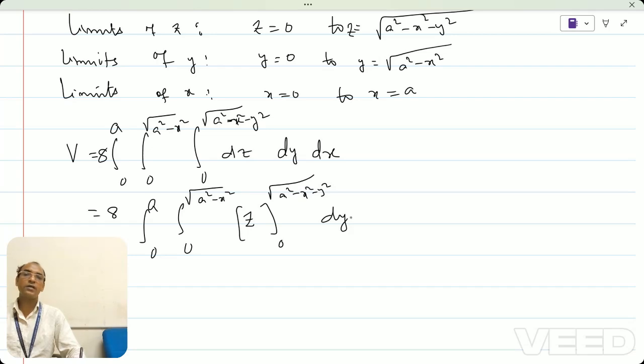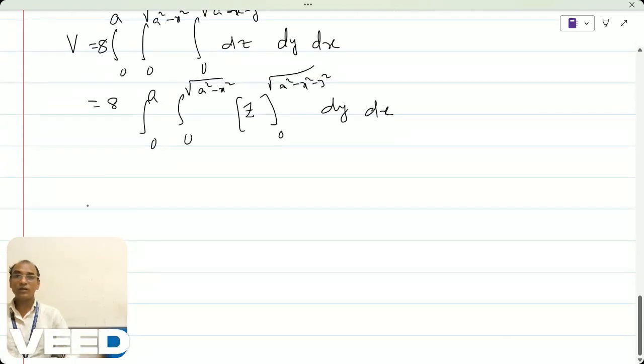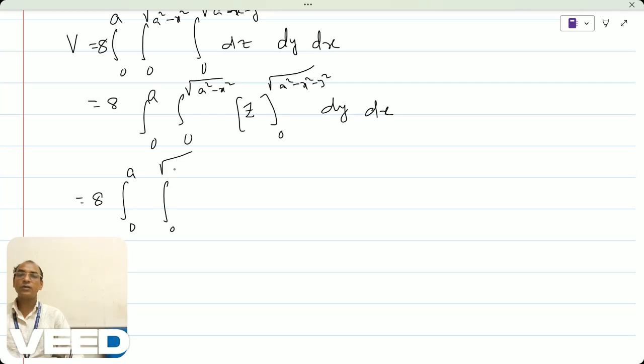Then I will integrate with respect to y, and at the end with respect to x. So what we will get here is 8 integration 0 to a, integration 0 to root of a square minus x square, root of a square minus x square minus y square, dy dx.